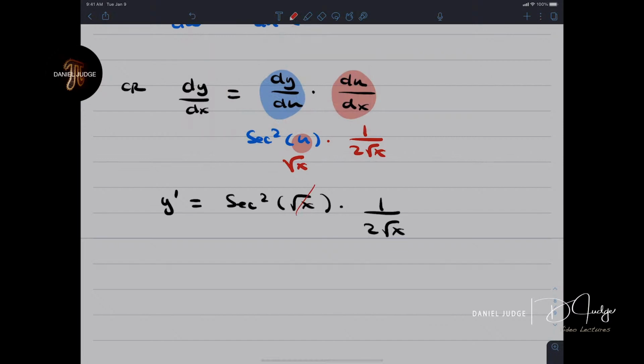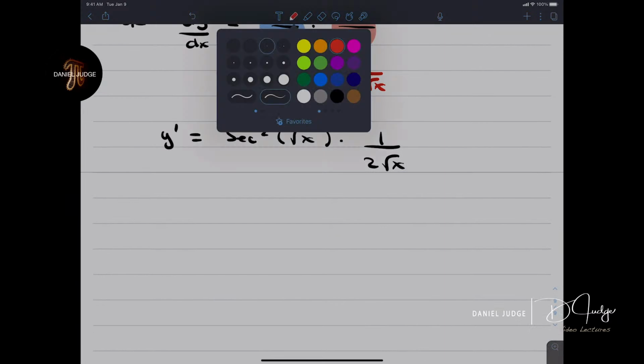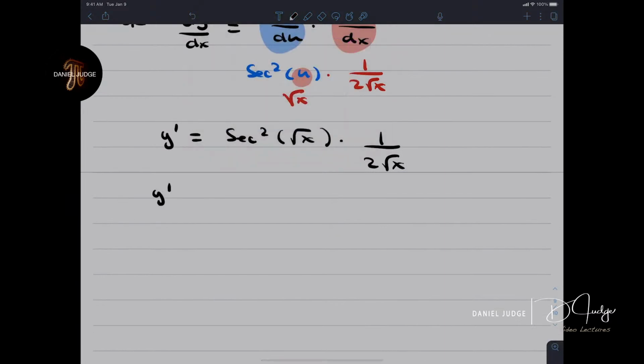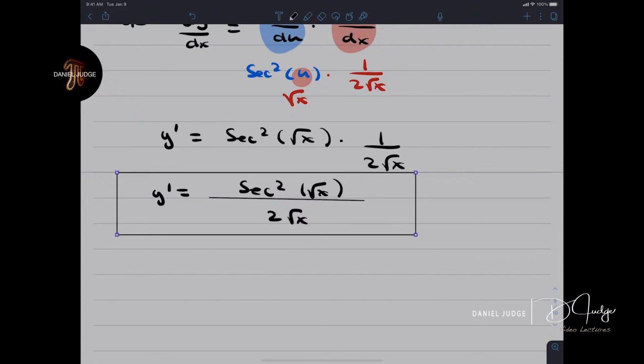Don't think that this goes away and this goes away. That's not happening. So you can take this whole number times the fraction. You'll have secant squared square root of x over 2 square root of x. Here's your derivative. And there you go.